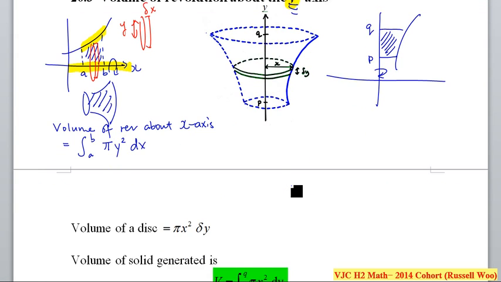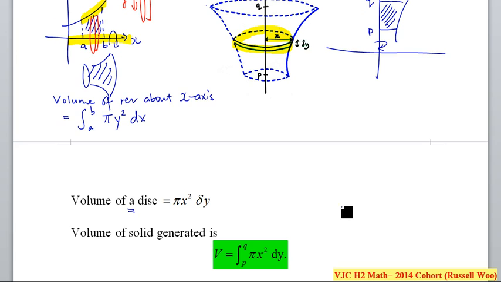So, if you consider the volume of a disk, is it obvious that the volume of this disk, which is like that, drawing not very good, the radius is x, the thickness is delta y.